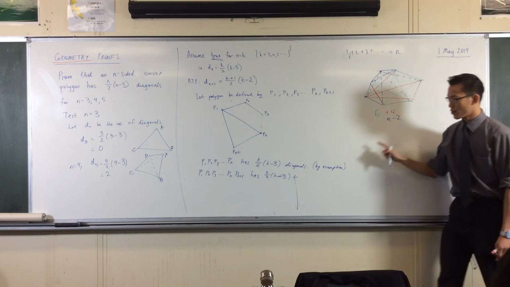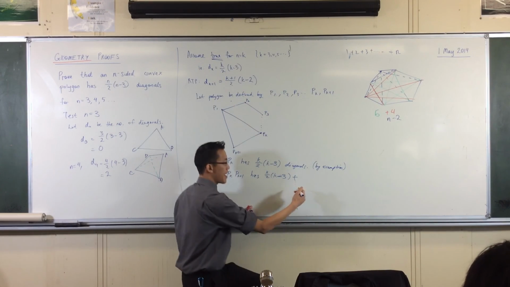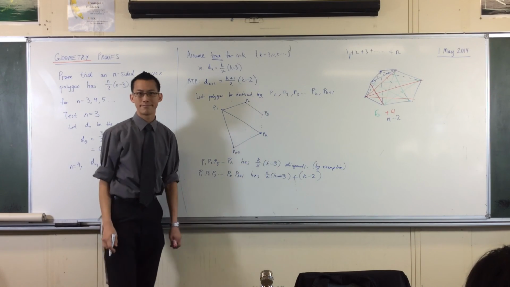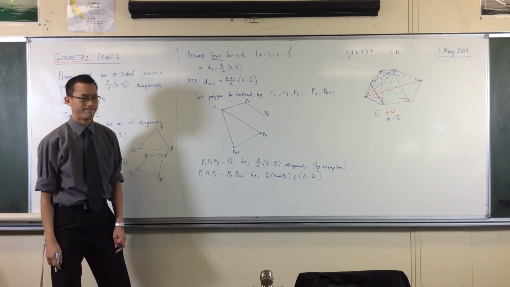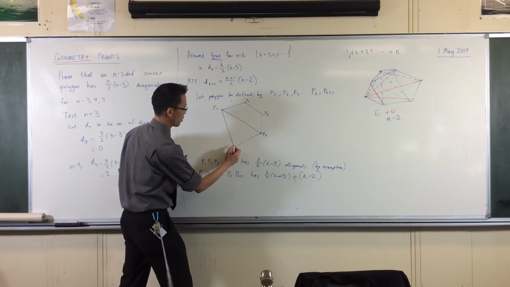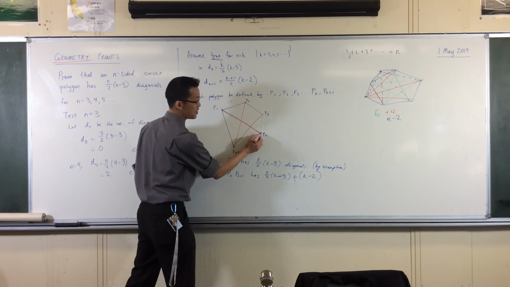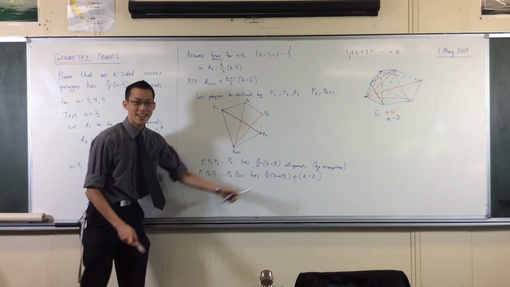So here, I'll have all the original diagonals, and then new diagonals. Is that all right? See what I've done? If you like, you can illustrate it on this one as well. You've got this, and that old side, which is now a diagonal. So what's that equal to?